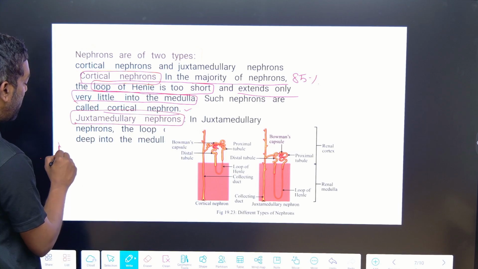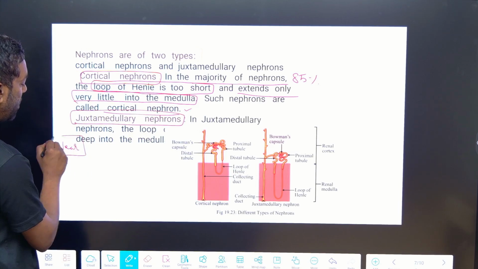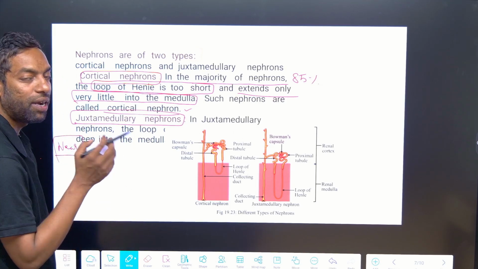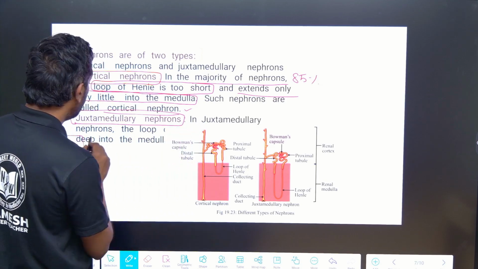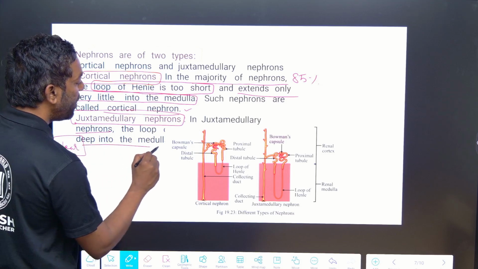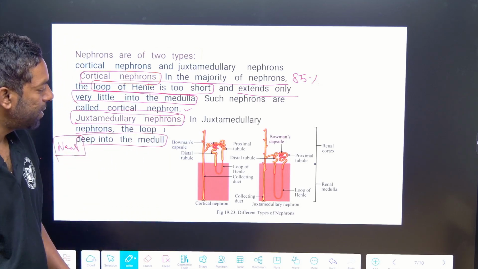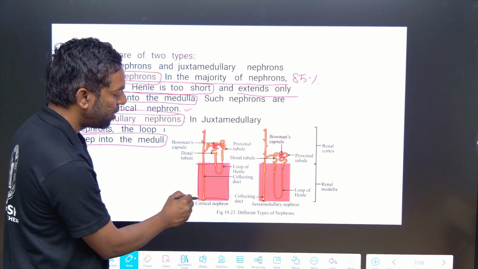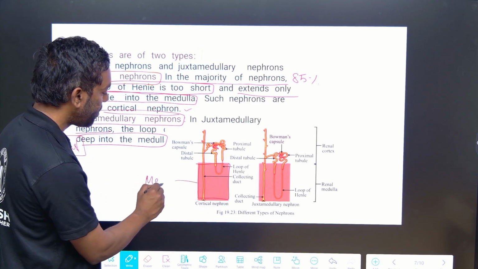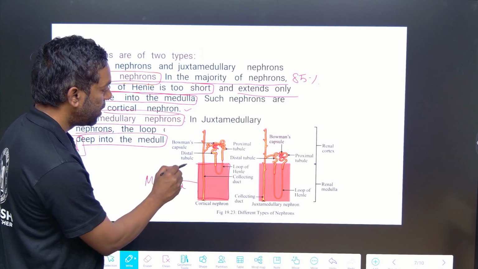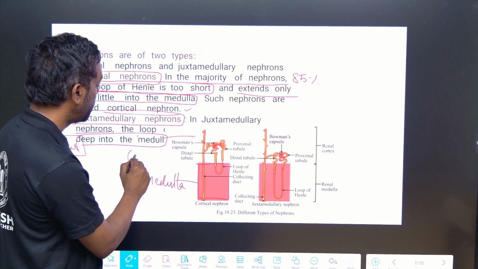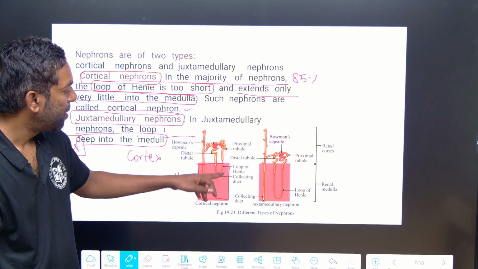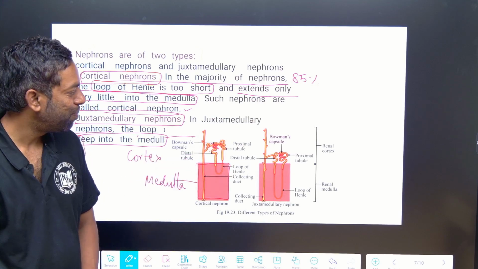Juxta means near, near the medulla. In juxtamedullary nephrons the loop of Henle is very deep. Look here: this dark part is the medulla and this light part is the cortex. The PCT, Bowman's capsule, and DCT are all in the cortex region only.